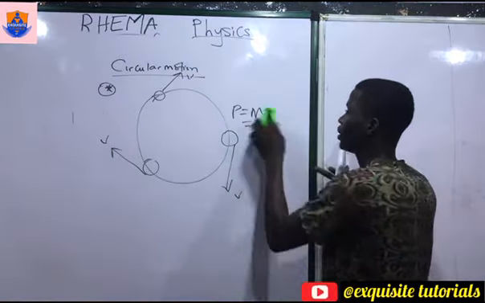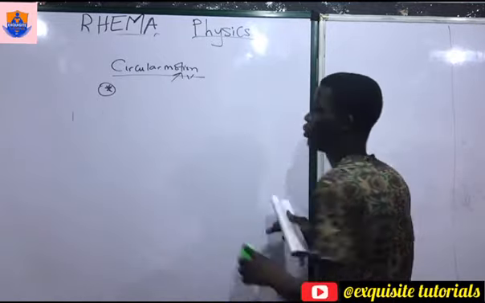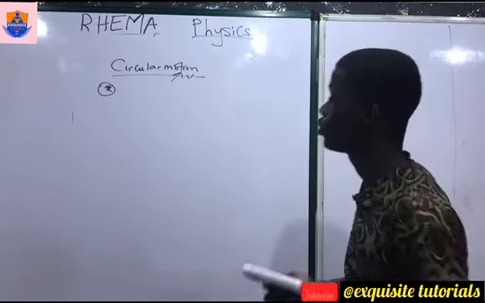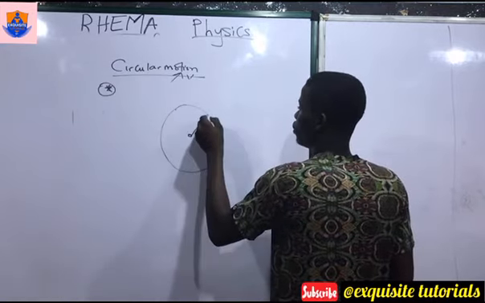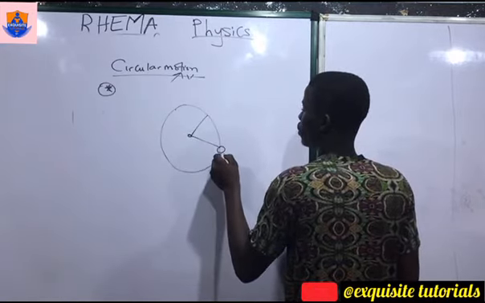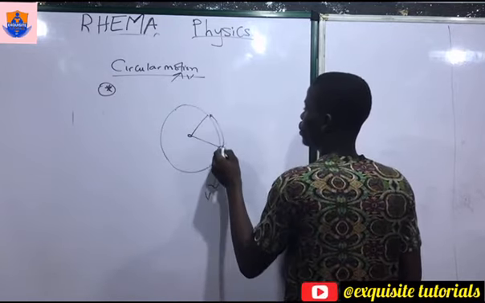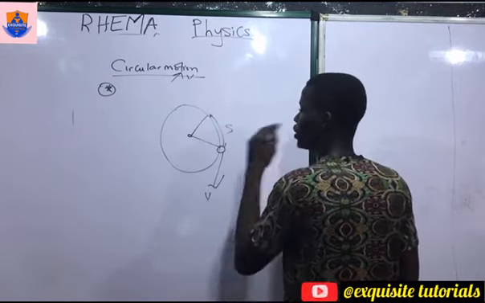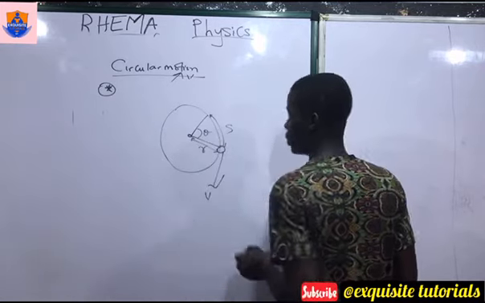So now let me bring out some formulas you need when solving circular motion. Whenever a body is moving in a circular path, for example, this is the velocity. From here to here is a distance. Here is the radius. Here is the angular displacement.